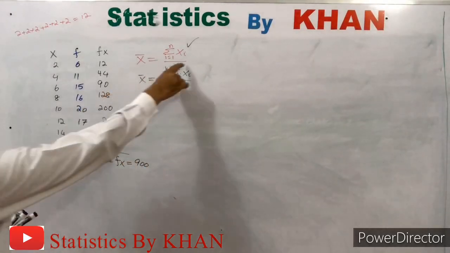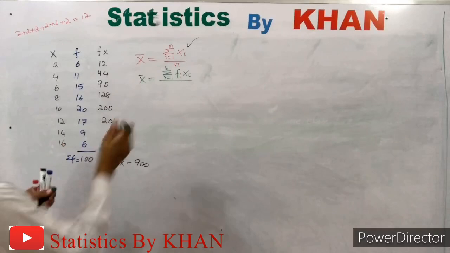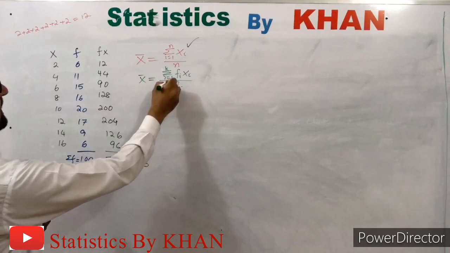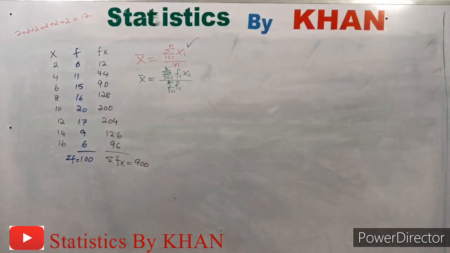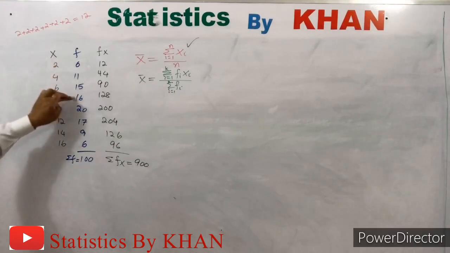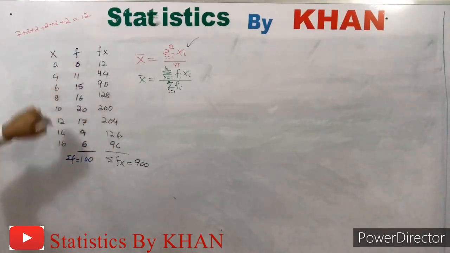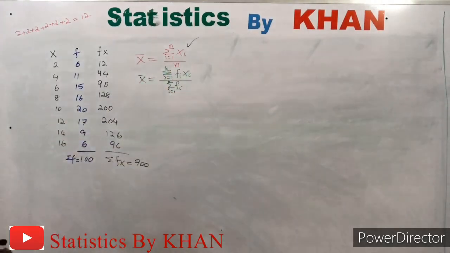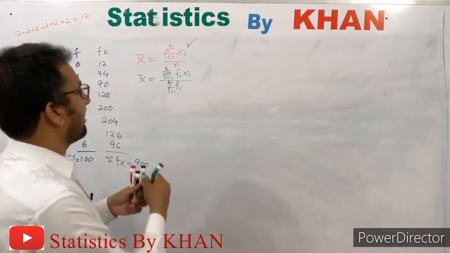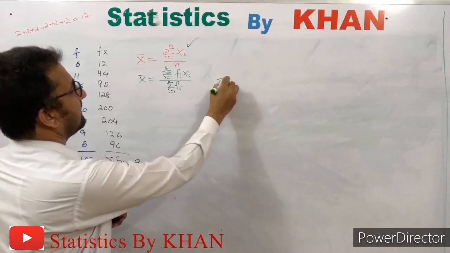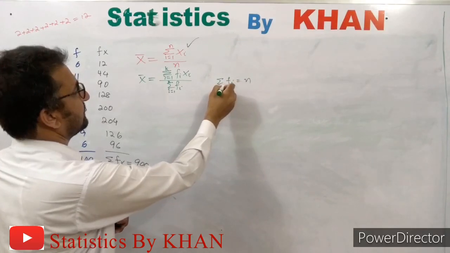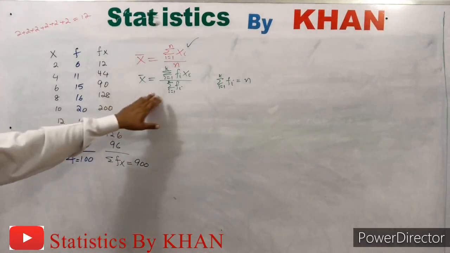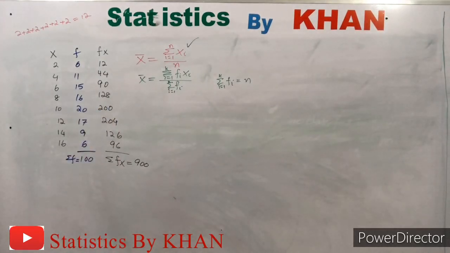And this n will be replaced by summation fi, i from 1 to k, because if you add them all, you will get the total number of observations, which is equal to n. So in this case, n is equal to summation fi, i from 1 to k. So this is the formula for the discrete group data case.